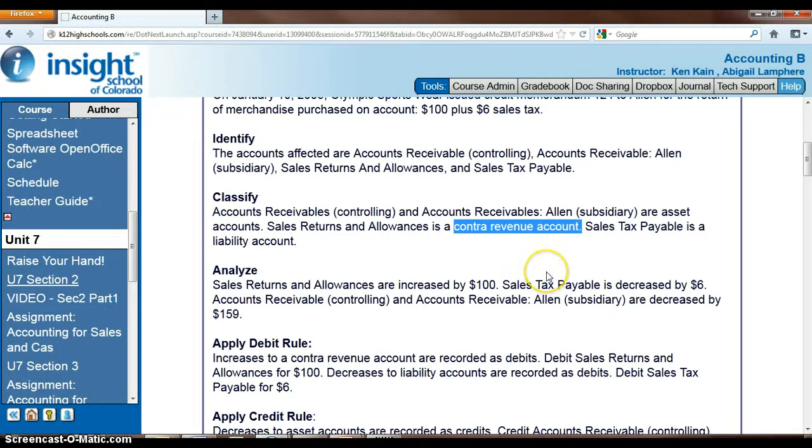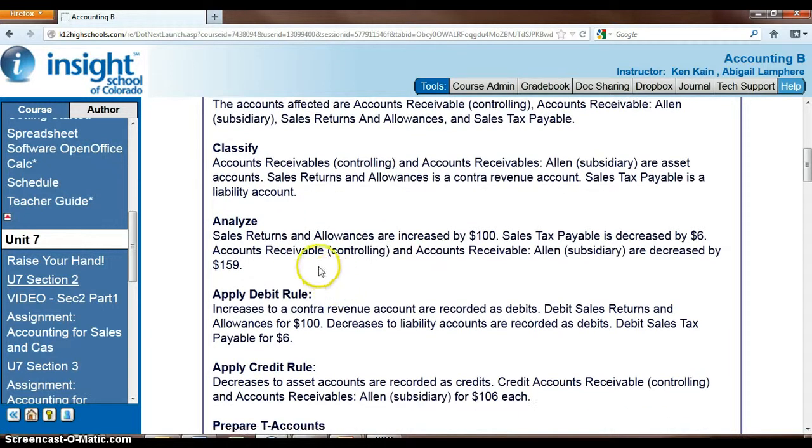So we said it's going to be opposite then of our revenue account. And then we're also working with sales tax payable, which, as the word payable signals, is a liability account. So then let's analyze these accounts. Our sales returns and allowances is going to be increased by $100. The item that he bought was only $100, and then he paid $6 in tax.